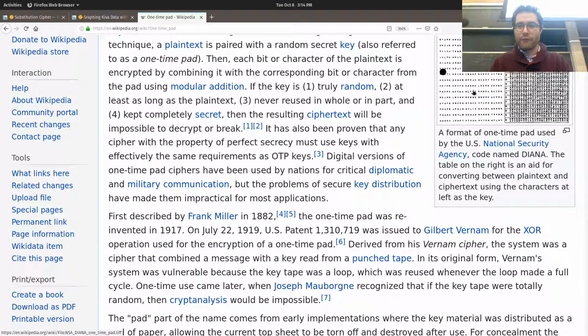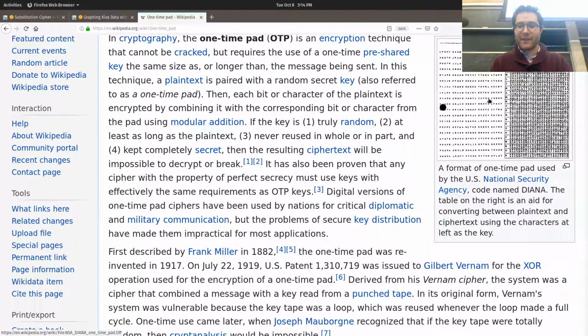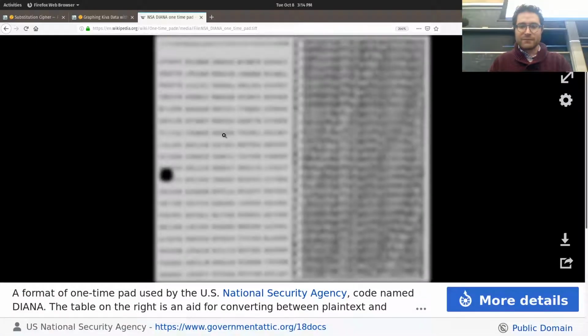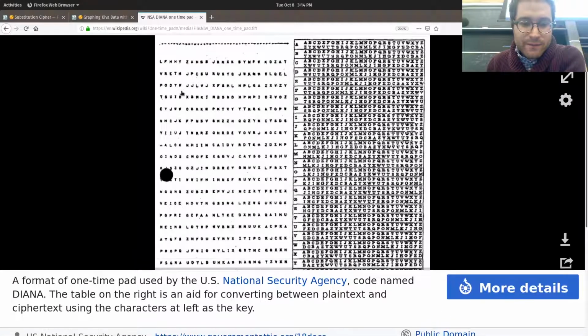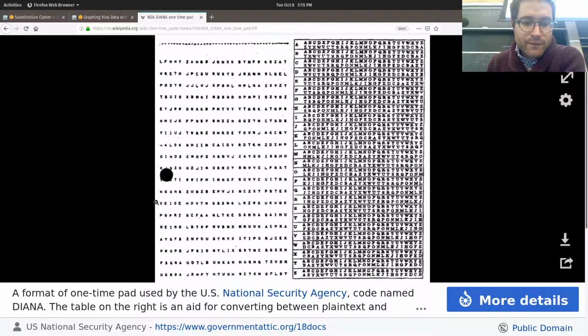Here is one format of a one-time pad that was used by the NSA. Here's our pad, and here's the use. Basically, you have this pad of randomly generated letters, okay? You and your partner would have the same exact pad of these randomly generated letters.